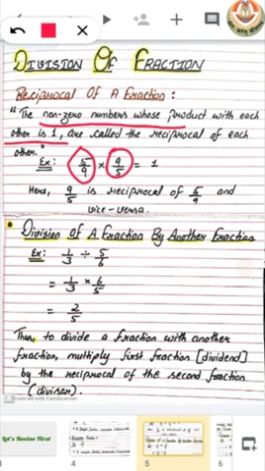For dividing a fraction by another fraction, we have to replace the division sign with multiplication, and in the same step we have to write the divisor fraction in its reciprocal form to solve the division between two fractions.